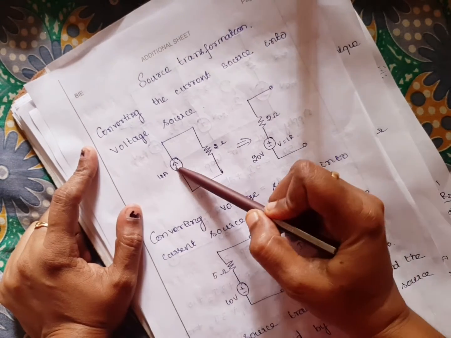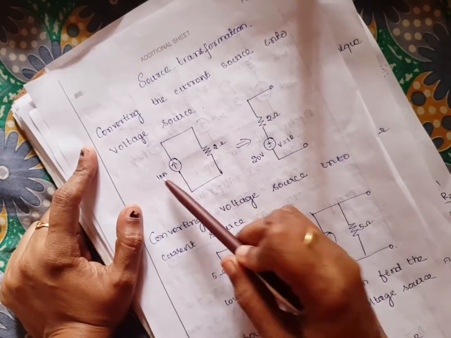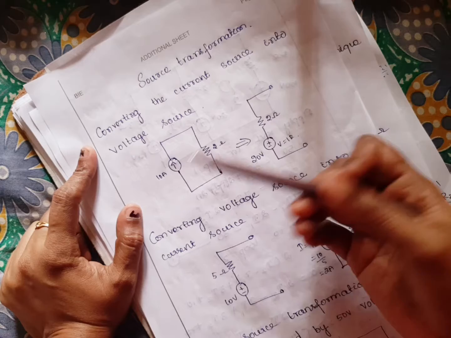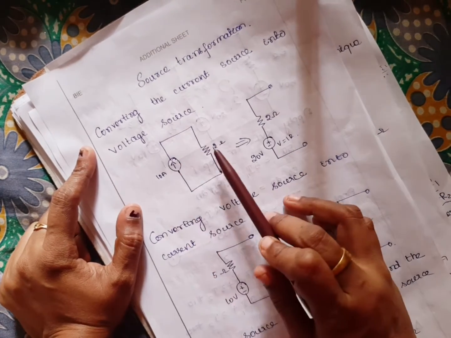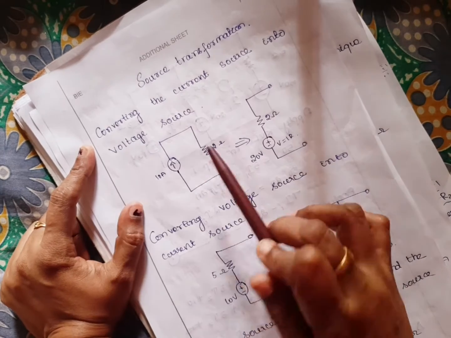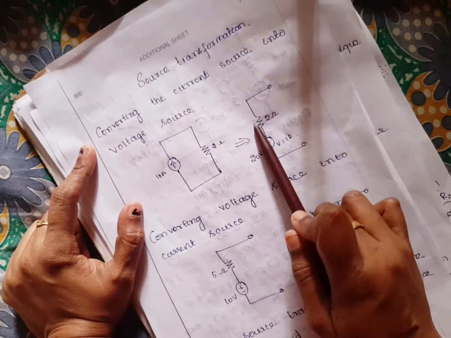So when the current source is parallel with the resistor, you can change this as the voltage source series with the resistance.